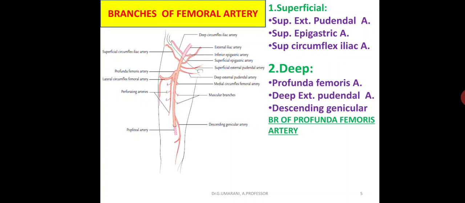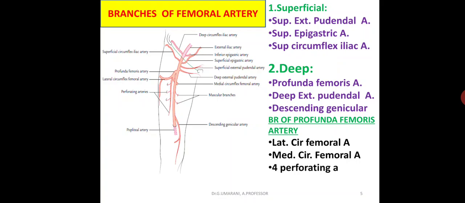It again gives branches: the lateral circumflex femoral artery, medial circumflex femoral artery, and perforating arteries. So the femoral artery gives three superficial and three deep branches.